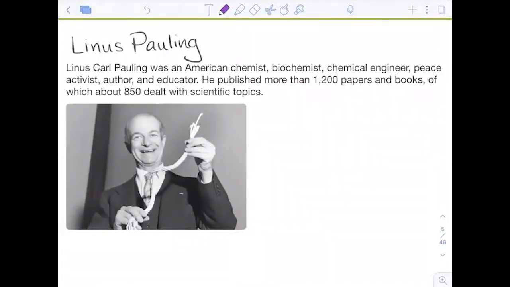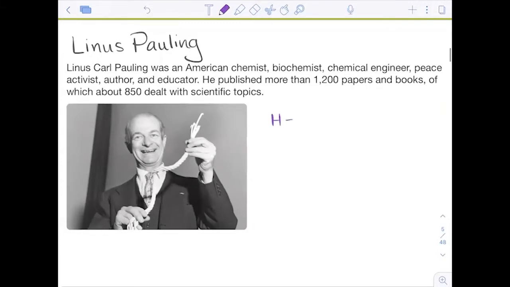When he was starting to do his work on the nature of the chemical bond, which has been called, if I might just add one more historical fact, the Bible of chemistry, he noticed that there was a difference between these single bonds in terms of how much energy was released when they formed.